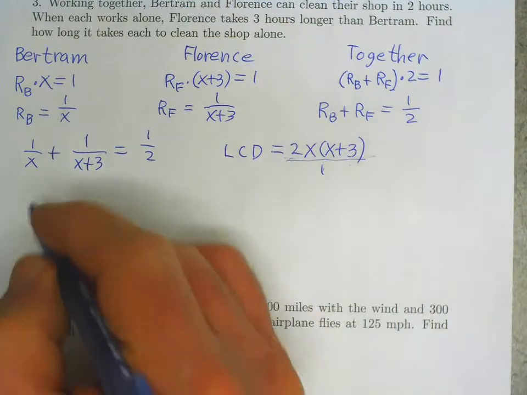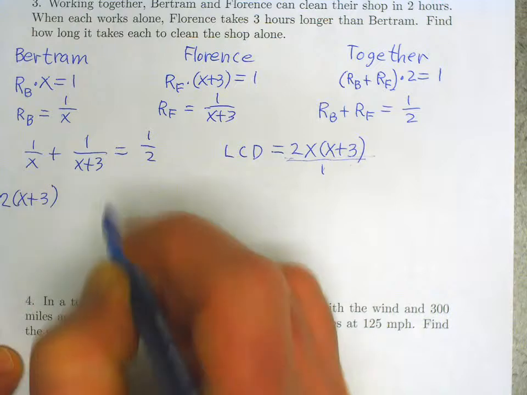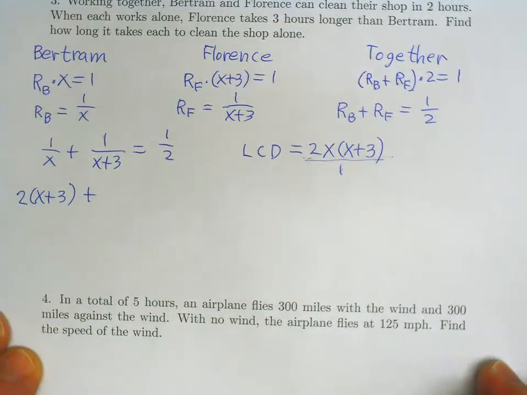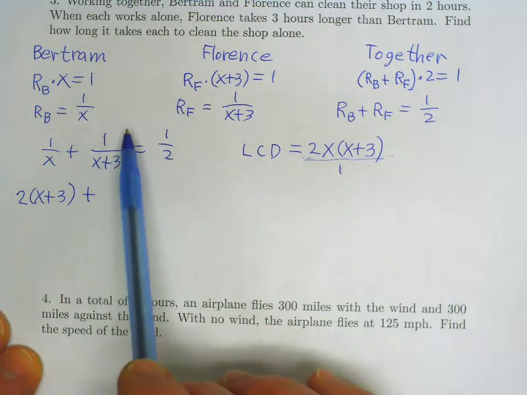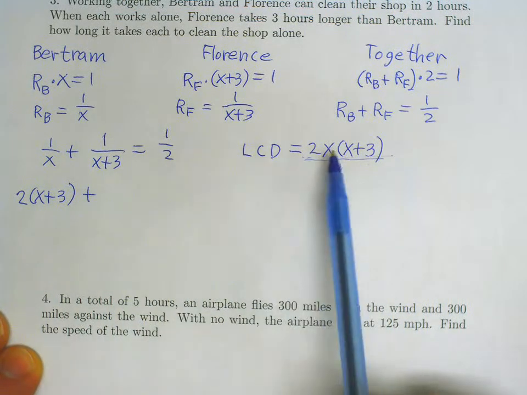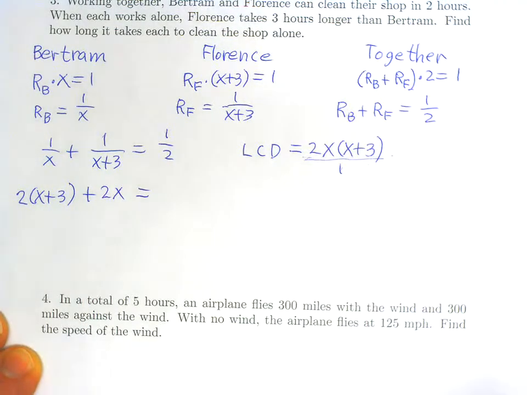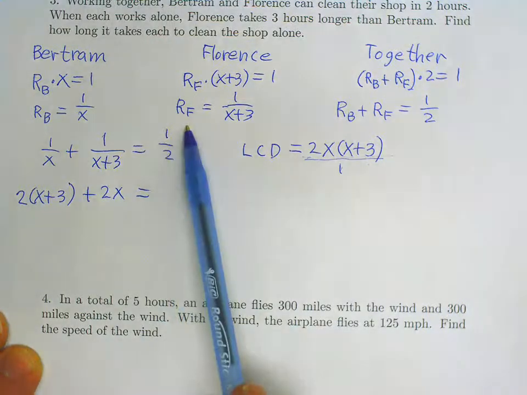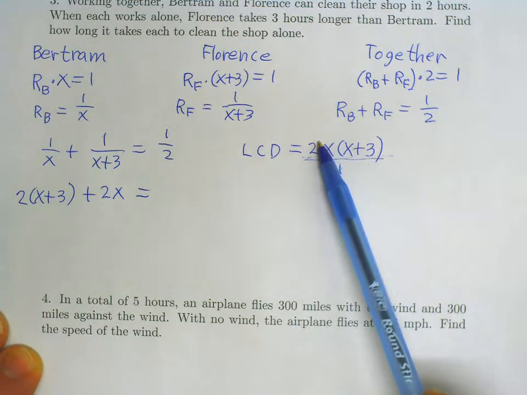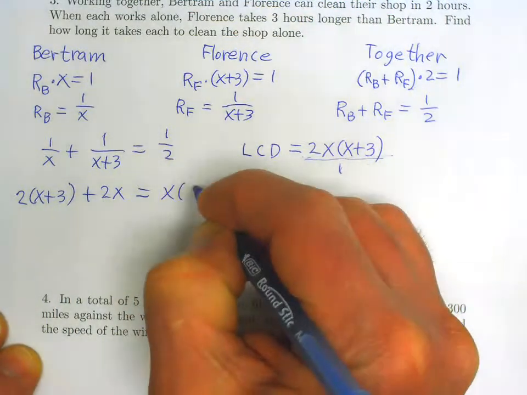And so we'll just be left with 2 times x plus 3. And then when we multiply the least common denominator by the next term, 1 over x plus 3, the x plus 3 factors cancel, and we're just left with plus 2x. And then on the right-hand side, multiply 1/2 times the least common denominator. The 2's cancel, and then we're just left with x times the binomial x plus 3.